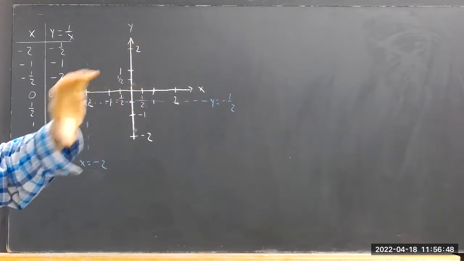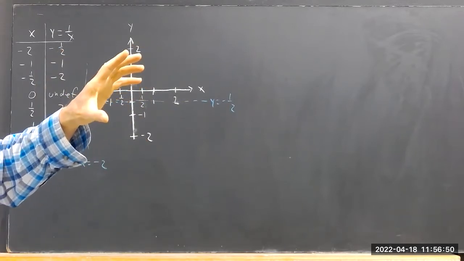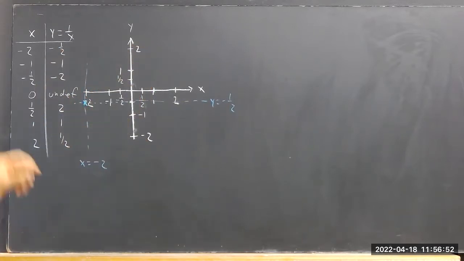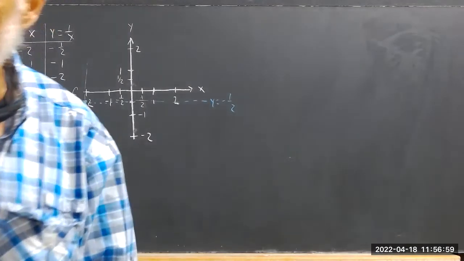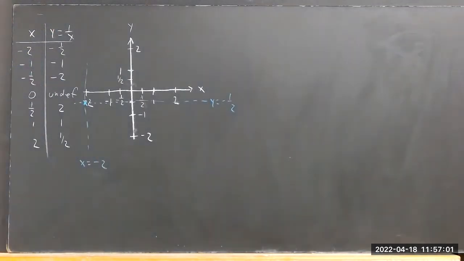Is that something that you've seen before? Okay. So let's just ask, where's the point -1/2, -2? See if you can sketch this graph. See if you can construct it the way I did and graph the point -1/2, -2.